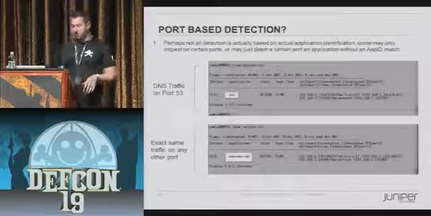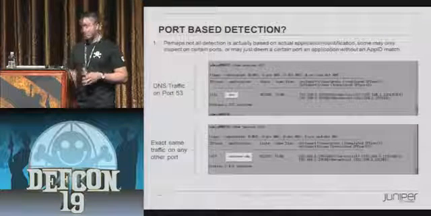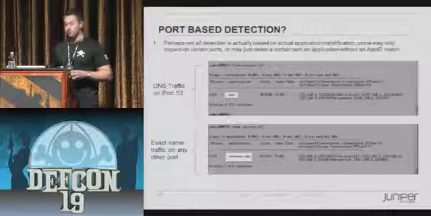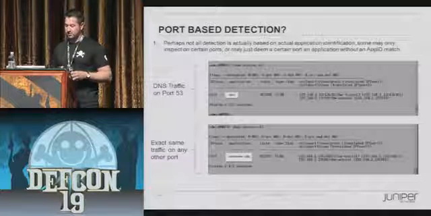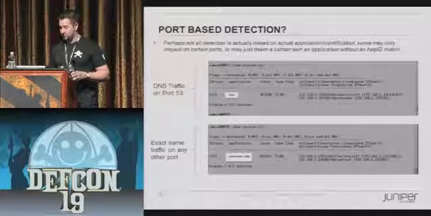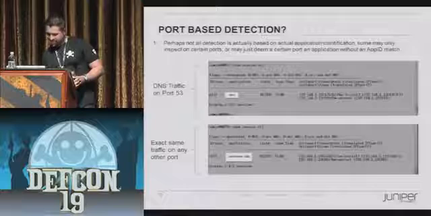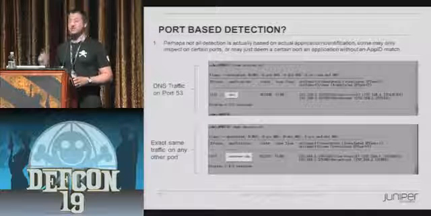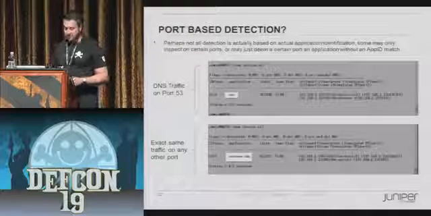In some cases, I certainly noticed some port-based detection being used. So basically, you could send the exact same pattern over a different port, and it would not be detected. In this case, I sent DNS over, what port was it, over port 80 or something, versus port 53. It was the exact same traffic, but it was detected as being unknown.